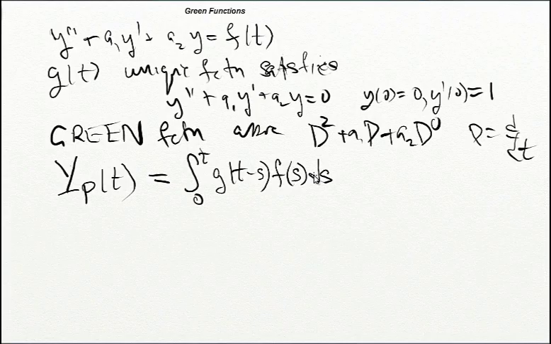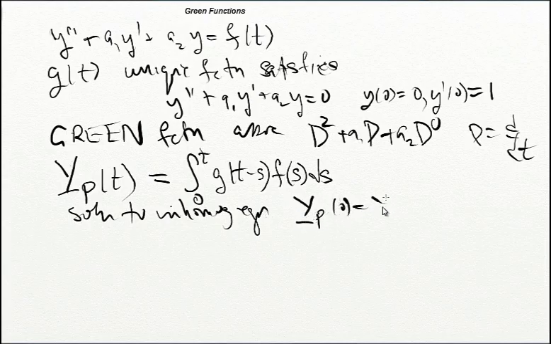The miracle is that function is a solution to the inhomogeneous equation. In fact, it's exactly the one which satisfies the initial data y_p(0) = y_p'(0) = 0. That function is the unique solution to the inhomogeneous equation satisfying these two pieces of initial data.